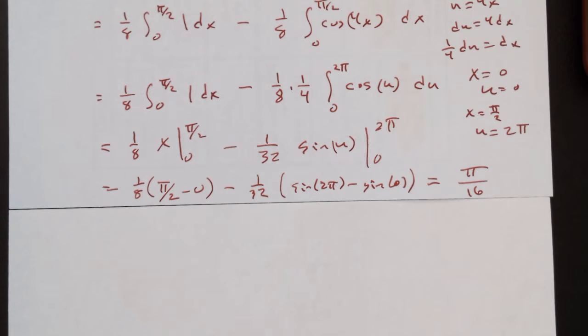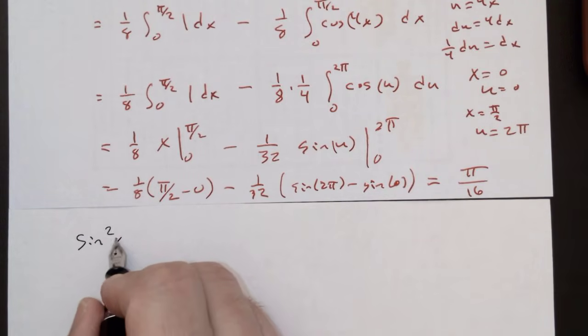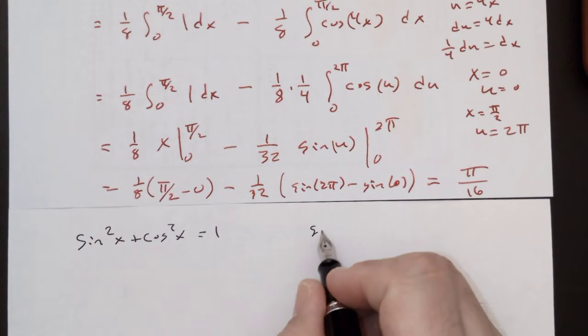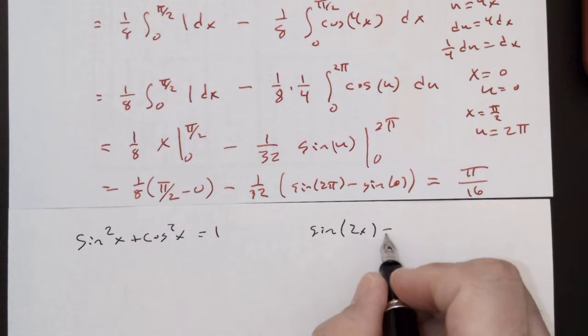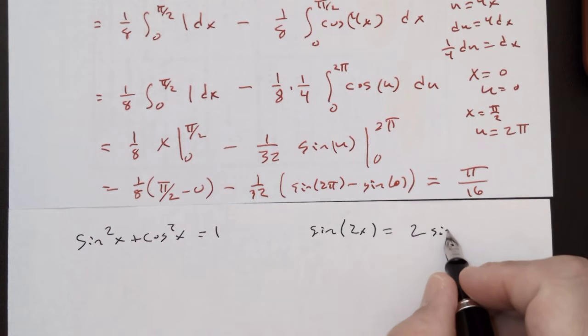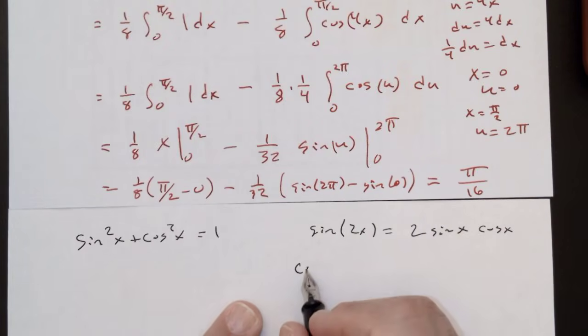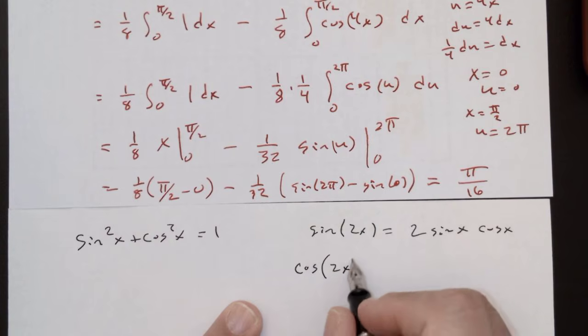Could you please write or tell me the three? Pythagoras. The double angle formula for sine. The double angle formula for cosine.